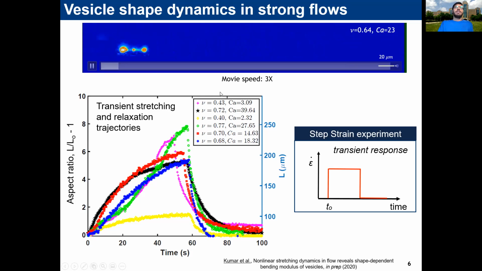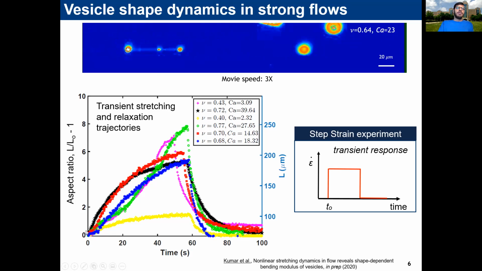And so then you can repeat these experiments over a variety of reduced volumes, and you can plot the change in the aspect ratio of the vesicle as a function of time. Essentially, you can get the transient stretching dynamics and also the relaxation dynamics after you stop the flow.